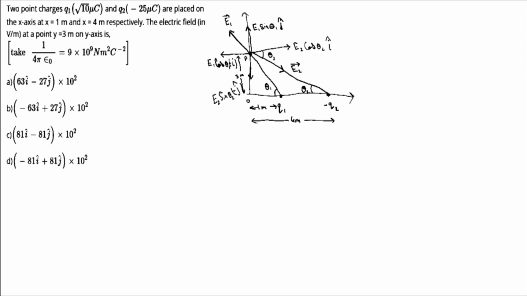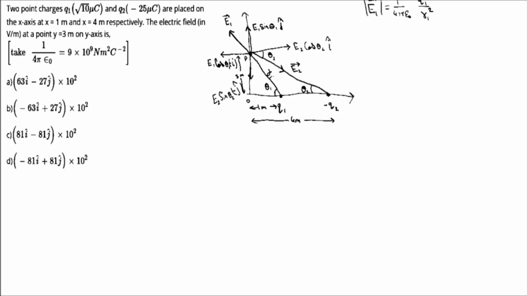First of all we will find the magnitude, and we can see that E1 in magnitude will be 1 upon 4 pi epsilon naught, Q1 upon R1 square. Now where is R1?